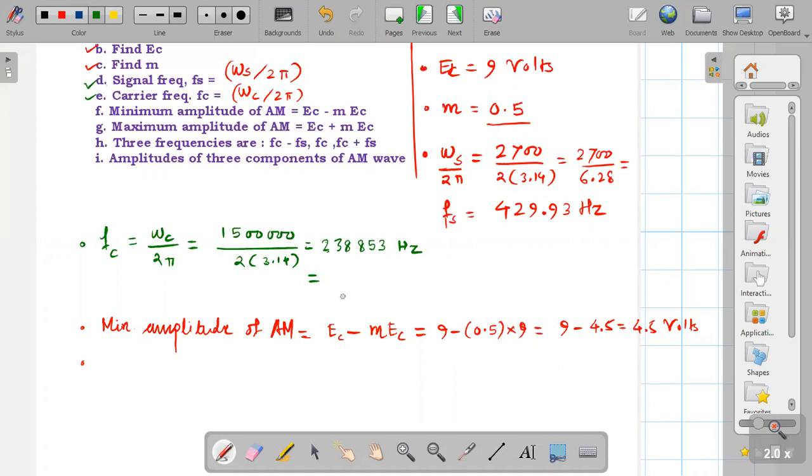Hertz. That means we can write 238.853 kilohertz. Okay.